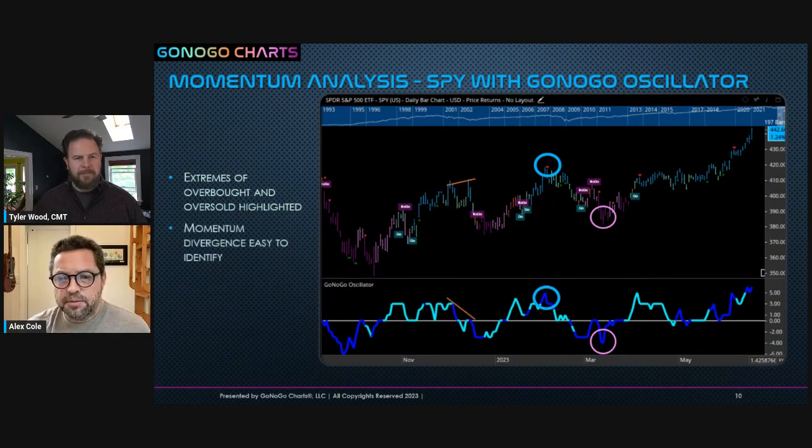You can see the higher highs in price here, the lower highs in the oscillator. And I think there's another example, earlier on in the chart where you've got lower highs in price, but with rising lows in the oscillator. So again, a change in momentum as price falls, suggesting that we may see price rally in the short term.